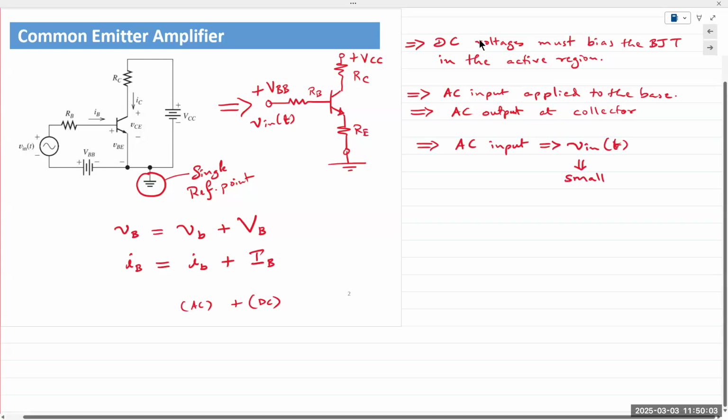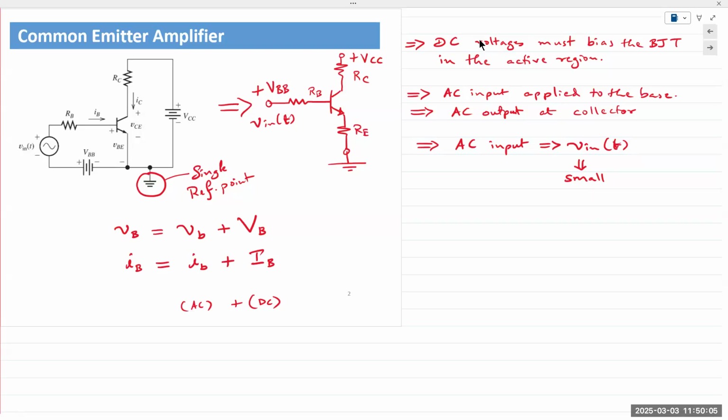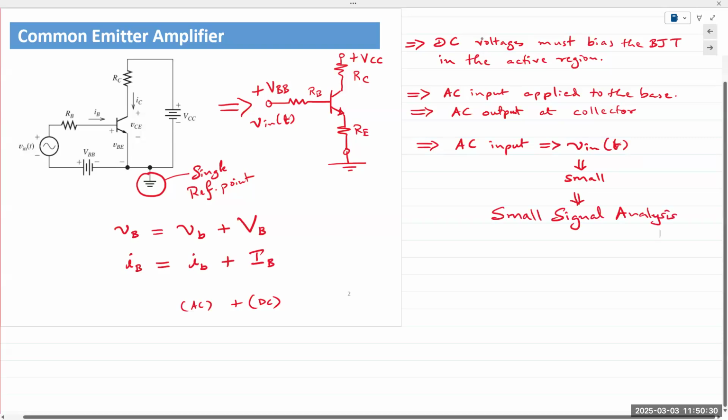So there's a whole branch of analysis of these electronic devices which we refer to as small signal analysis. These are nonlinear devices.